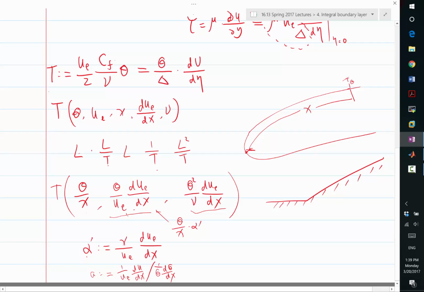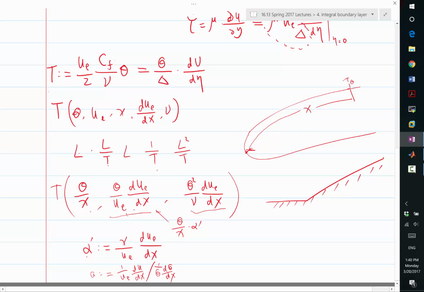Which of these is it? At a certain combination of theta over x, theta over UE times dUE/dx, and theta squared over nu times dUE/dx. For the third one, you are saying it works for Blasius because dUE/dx is 0, and it works for the stagnation point flow because it'll be constant. So you have chosen two representative cases that say the third one seems to be working, while neither of the previous two works for both cases.